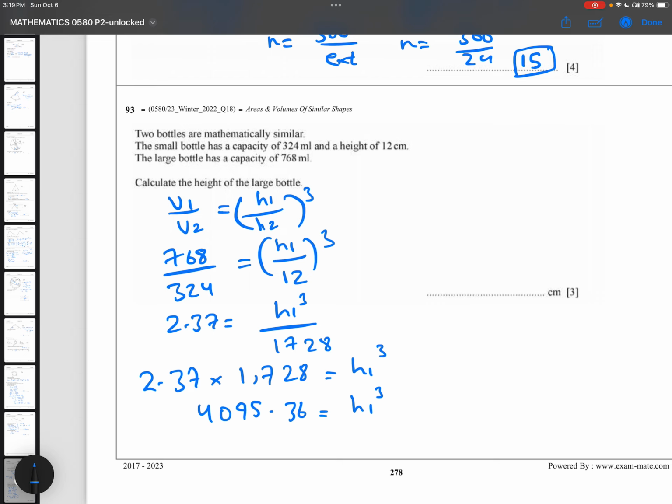Now, in order to remove the cube, we need to take the cube root. Let's take the cube root of 4095.36. That is equal to 15.999, which rounded off will be equal to 16. So H1 is 16 centimeters.